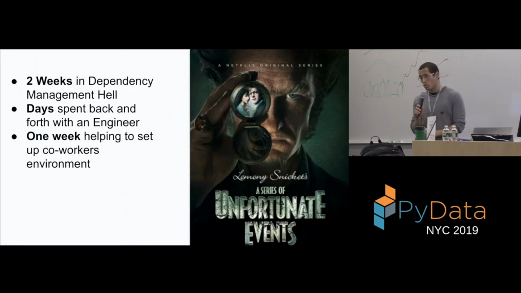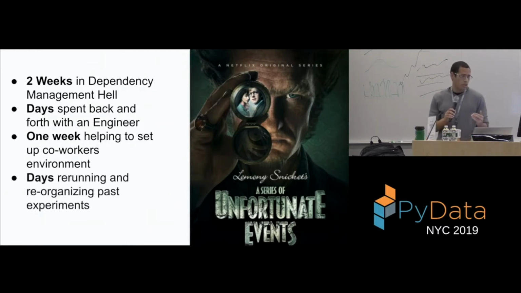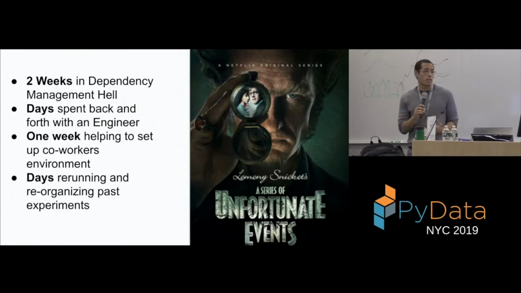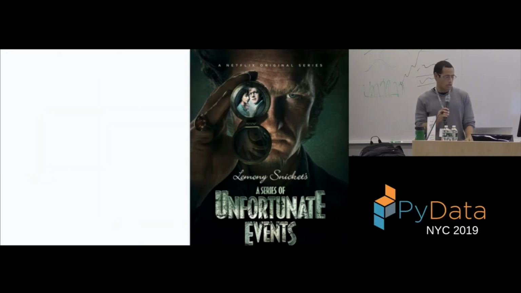What version of TensorFlow were you using? What table were you reading from? So you might end up spending a lot of mental bandwidth just trying to organize your different experiments. And in some of the worst cases, you might end up rerunning your experiments just because you're not really sure how you got those results. So what happened here? What led to this series of unfortunate events?